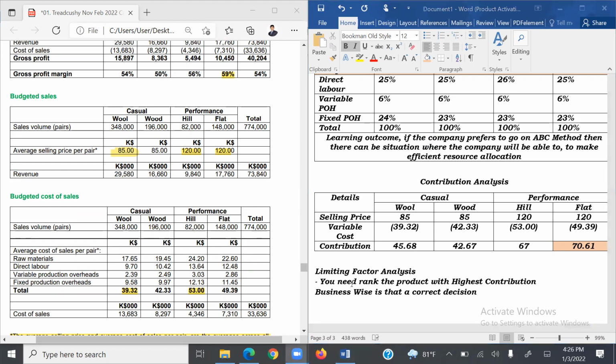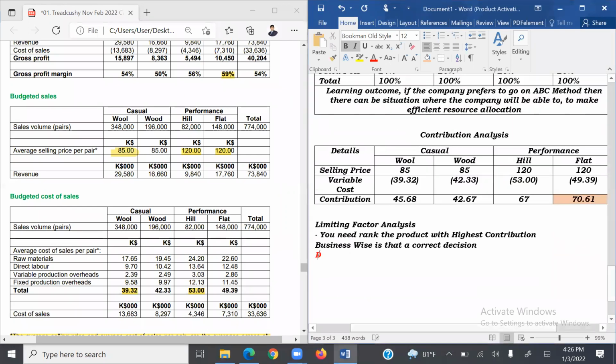So the correct product that we need to consider is the wool. Agree? It's the casual wool, because the demand is very high and the contribution volume wise is very high. Demand and the volume is high for wool.